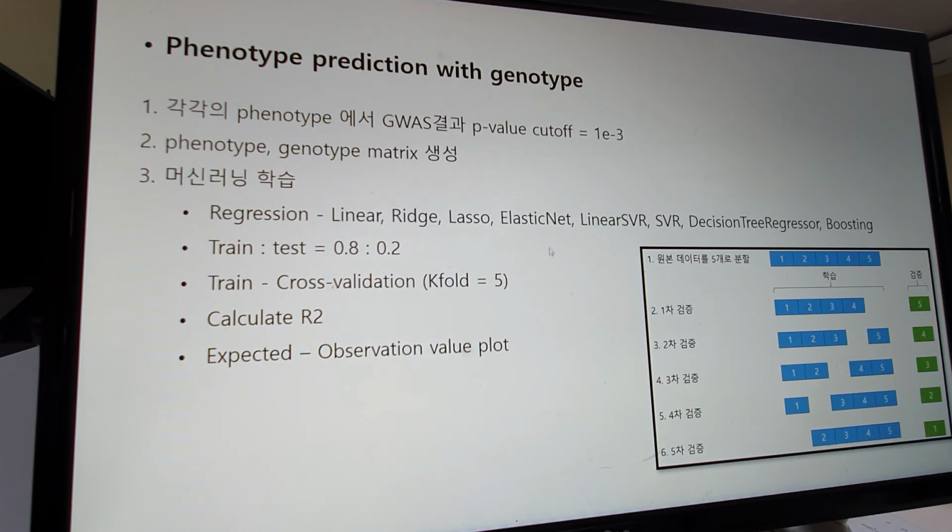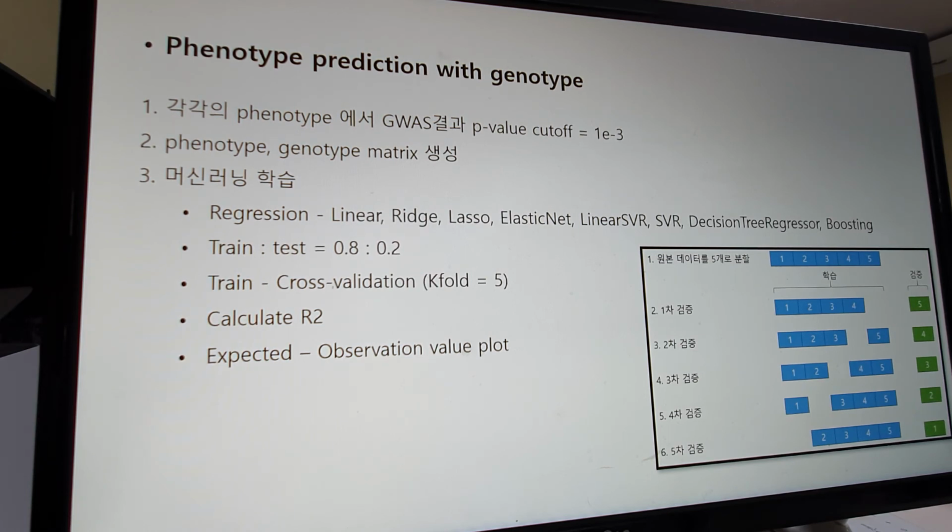This is the last part of my presentation, and this is phenotype prediction with the genotype. Actually, this phenotype is the skin phenotype. We have many phenotype data measured by 10 different devices. Using this phenotype data, we are going to calculate how much it is correlated with the genotype.